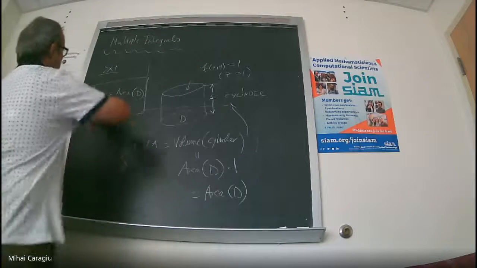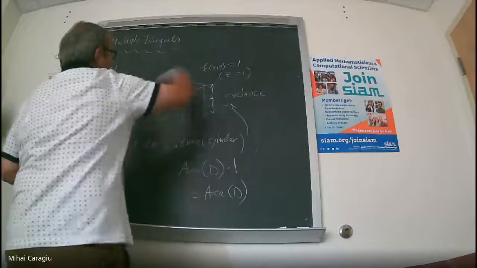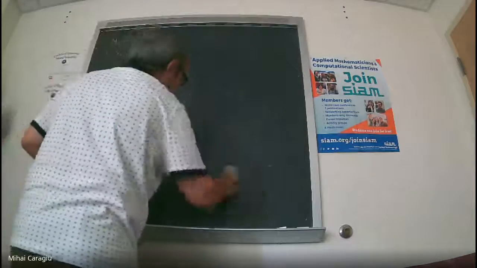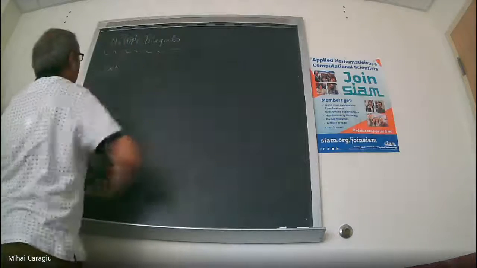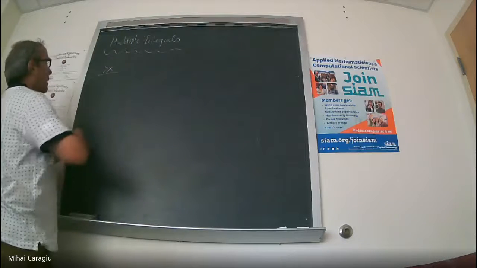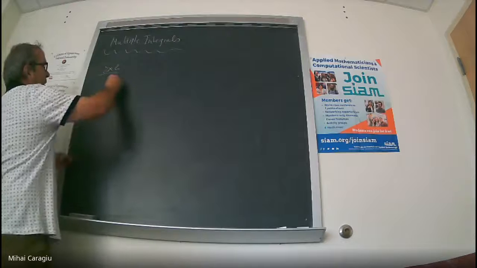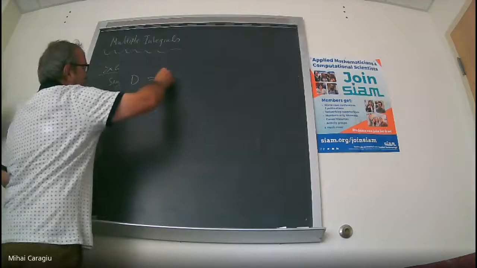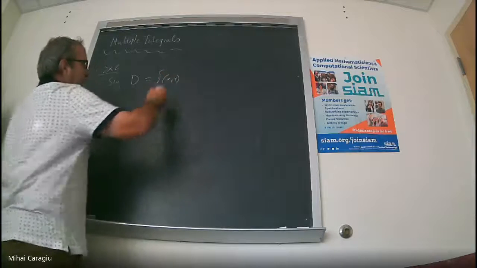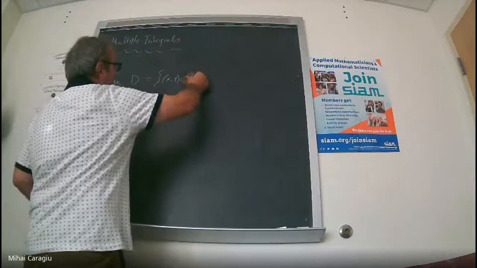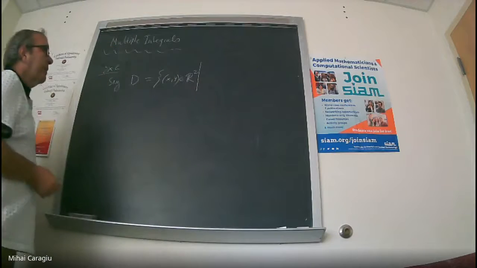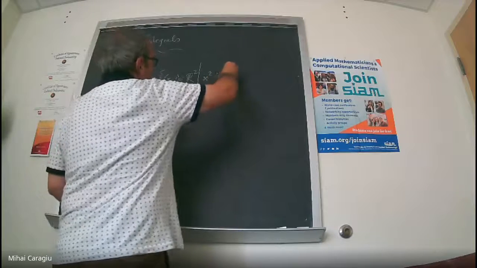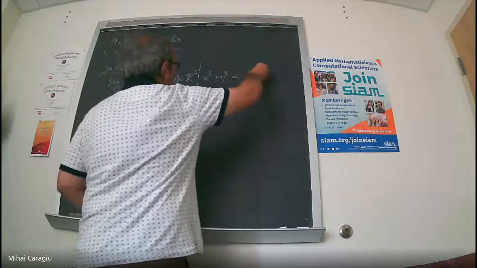Okay, let's do example 2. Based on this idea of volume, let's say D is the domain consisting of the points x, y in R squared, with the property that, let's say, x squared plus y squared is less than or equal to R squared.